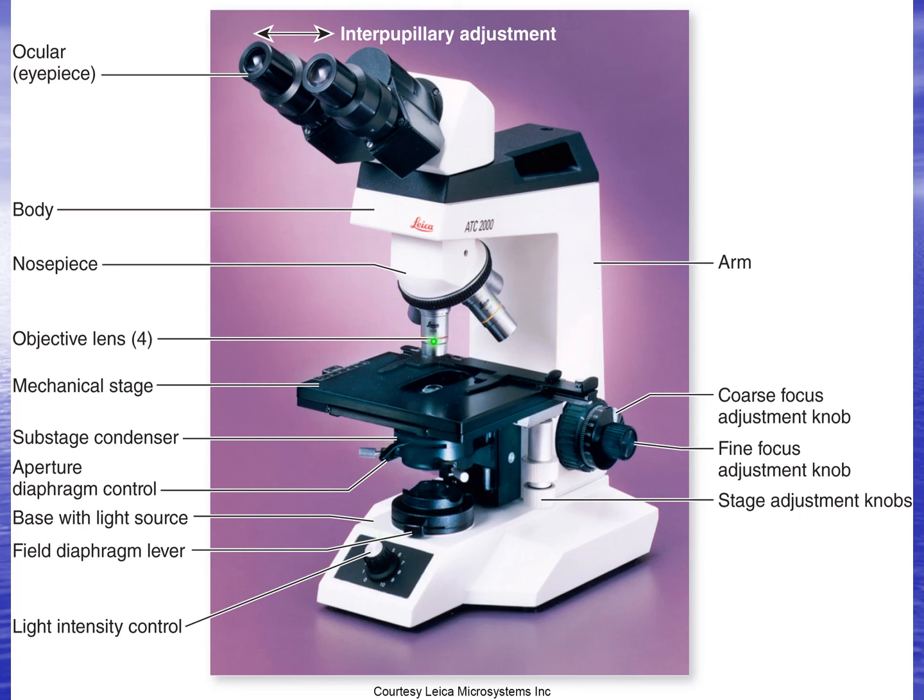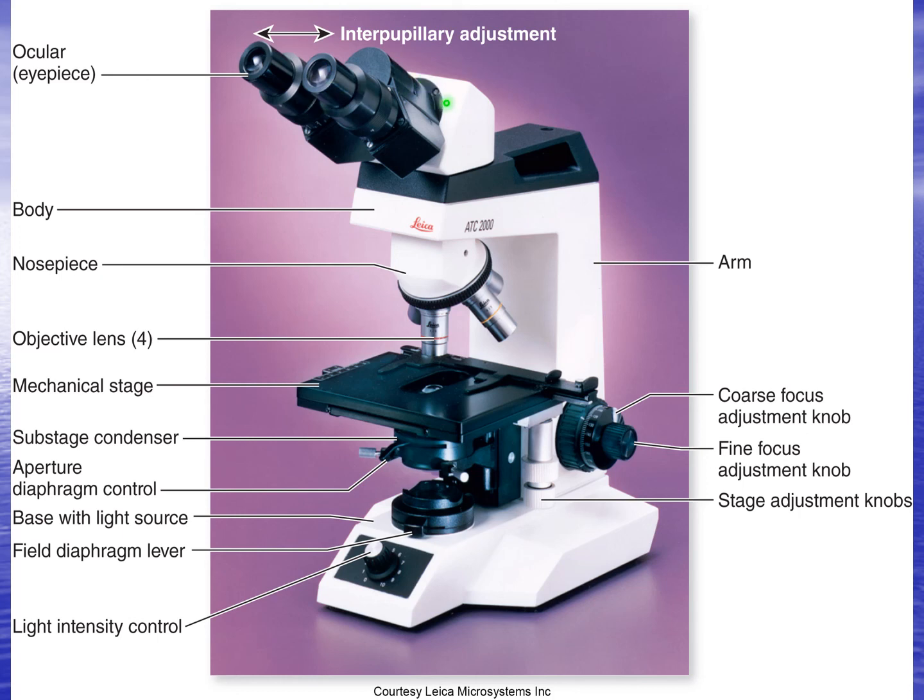They'll usually have 4 to 5 objectives on the revolving nosepiece, and we can have 1 or 2 ocular pieces. We have binocular scopes, so you do need to be able to use both eyepieces or ocular pieces.